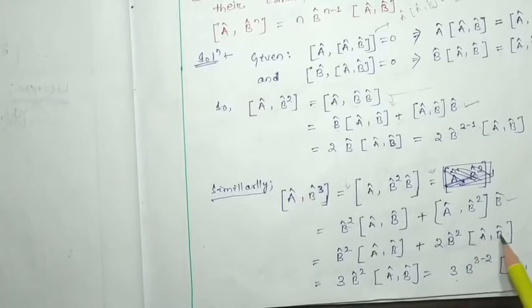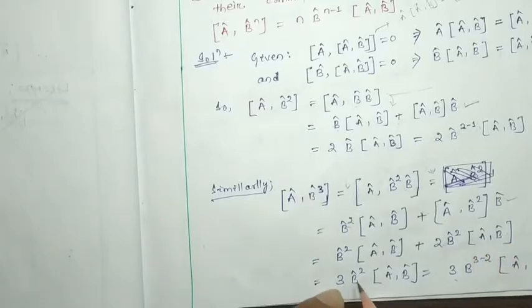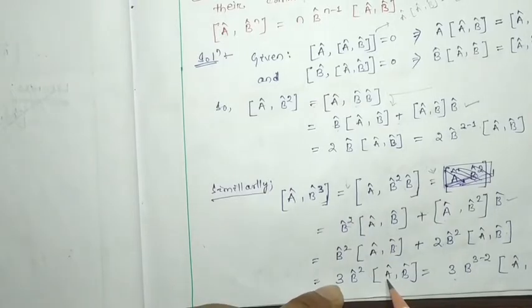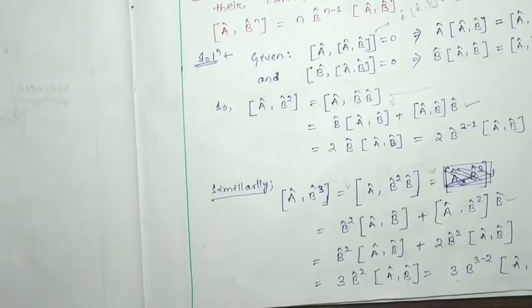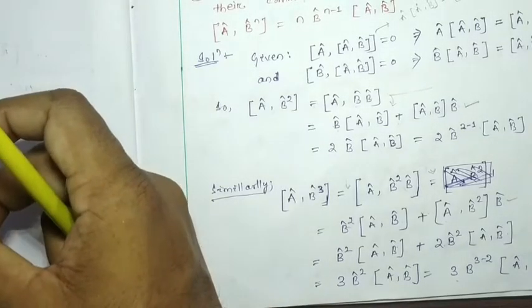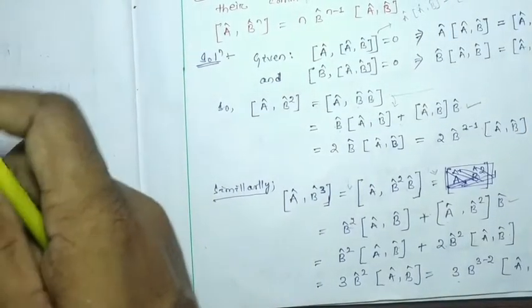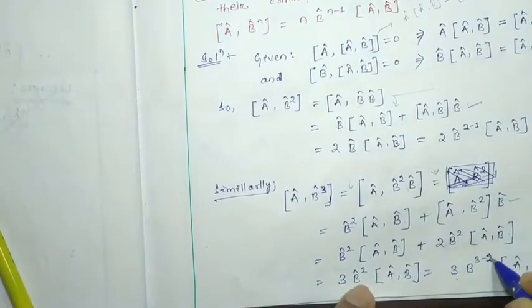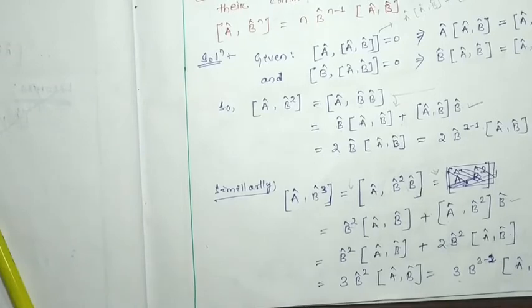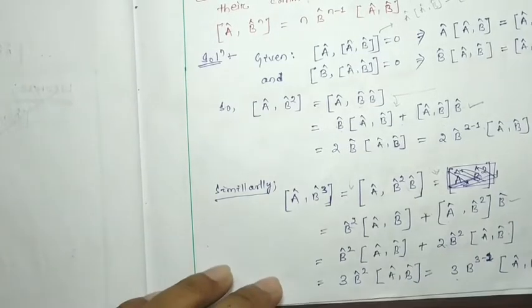So it will be 3 B cap square AB operator commutation. So it can be written as 3 B to the power 3 minus 1. Sorry, it should have to be written as 3 minus 1, okay, 3 minus 1 will be 2, it will be 3 B cap square [A cap, B cap].